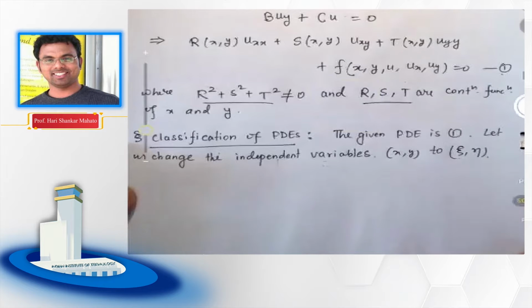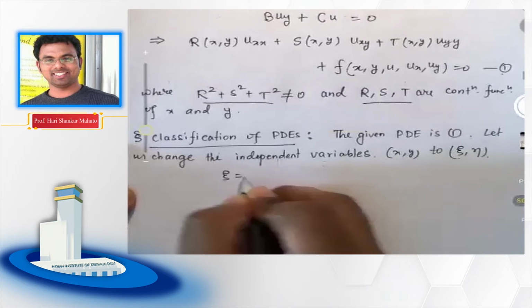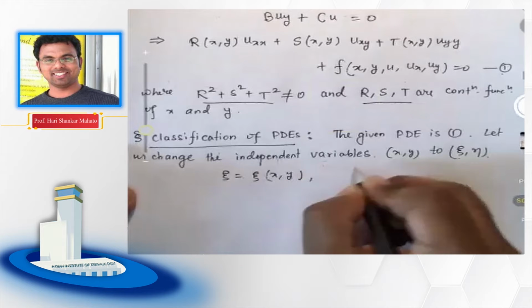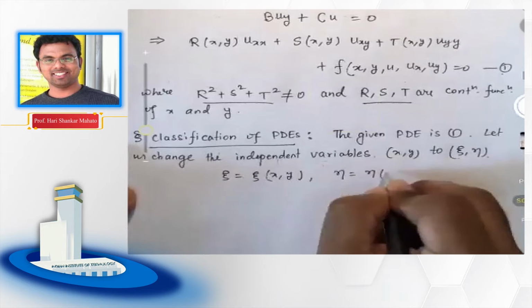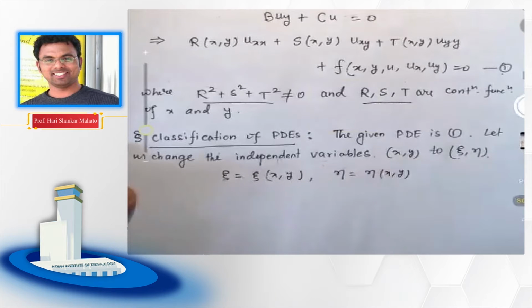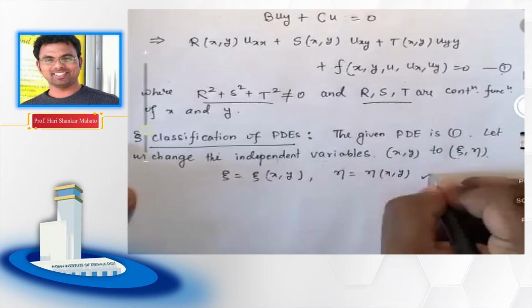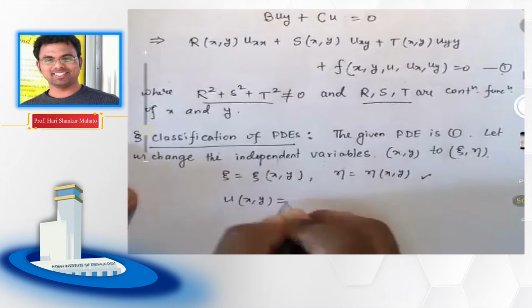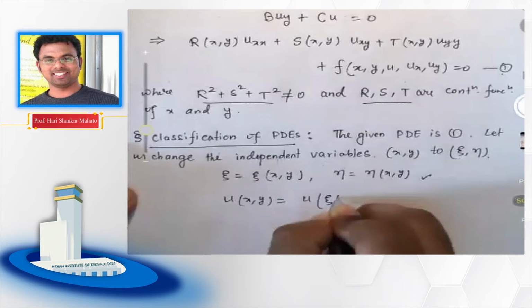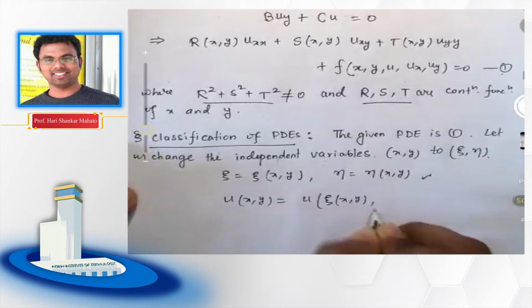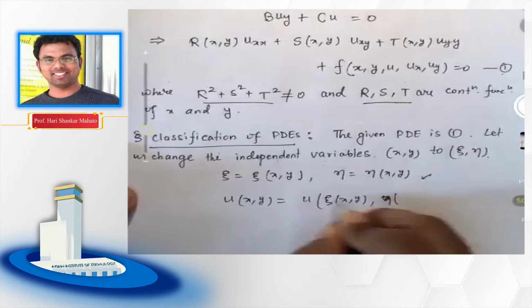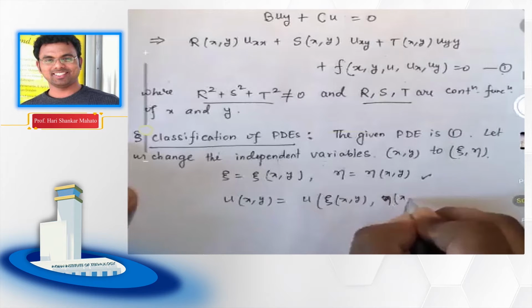That means we are writing xi as xi of x,y and eta as eta of x,y. I hope you are with me up to this point. In a way, what we are saying is that our u of x,y has now become u of xi, eta, where xi and eta are functions of x,y.